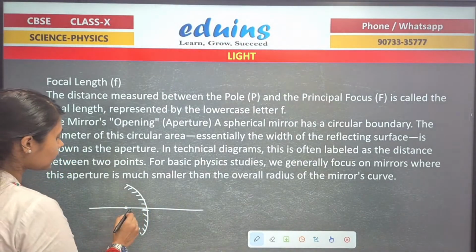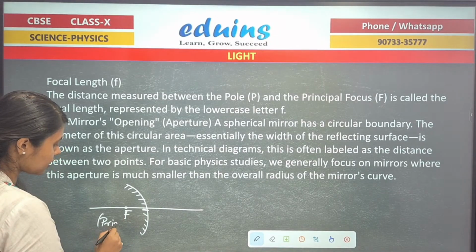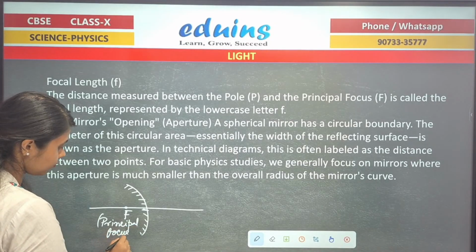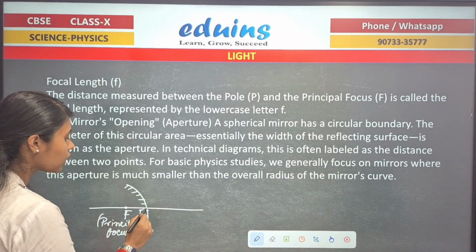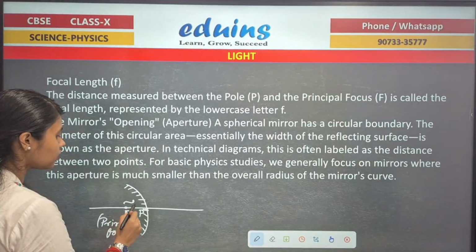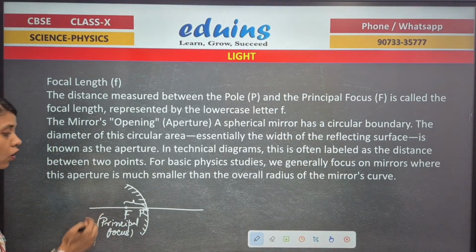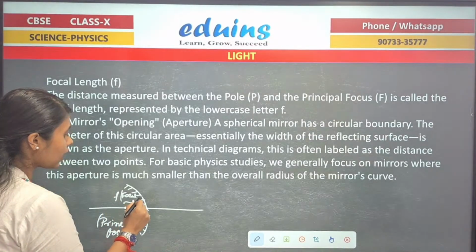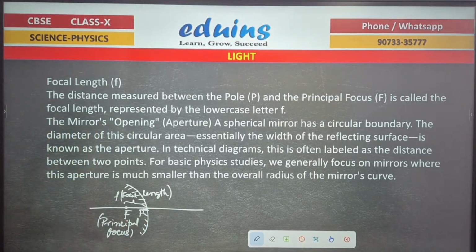So this is the principal focus F. The distance between the pole and the principal focus is called the focal length, denoted by the small letter f.